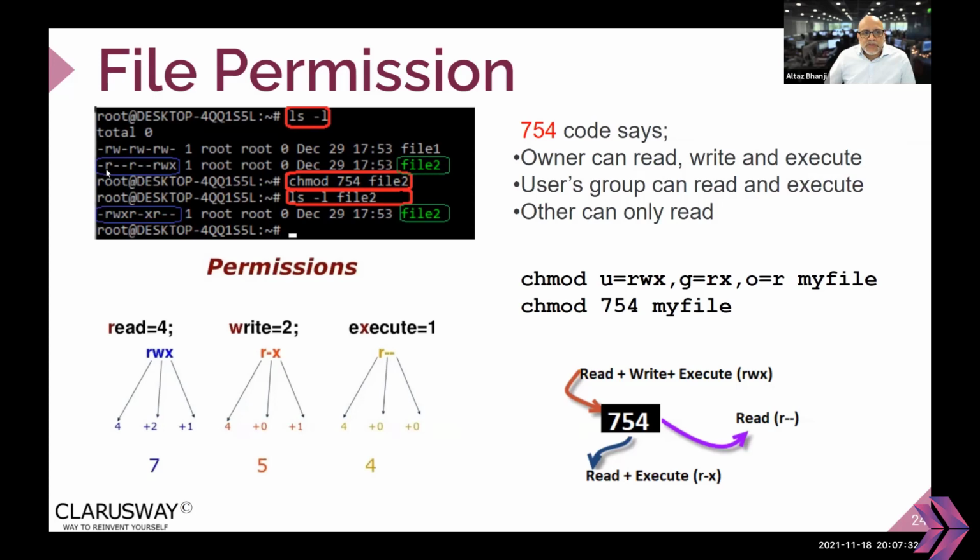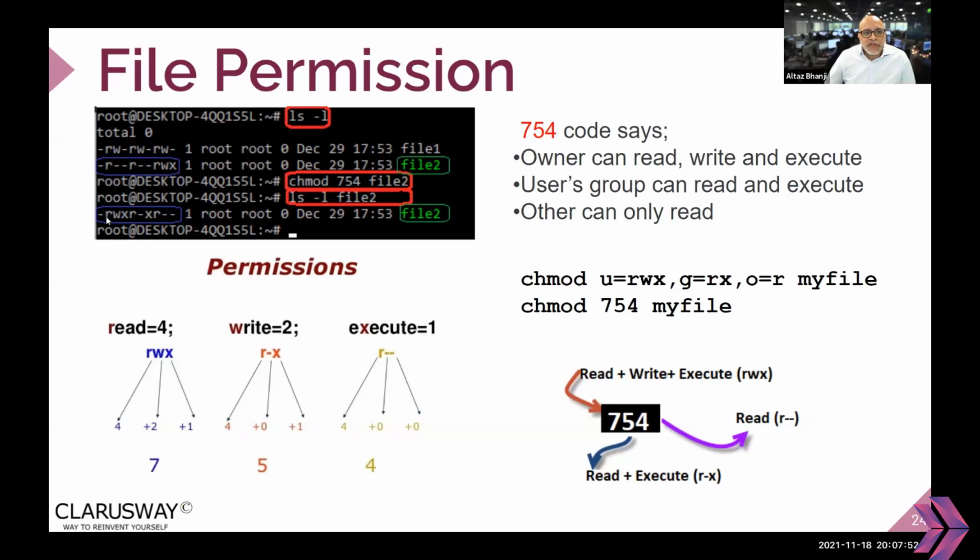So what's the number right now before we change it? It's going to be 4, 4, read write 447, right? That's the permissions before we start. And then after we start, it's 754.